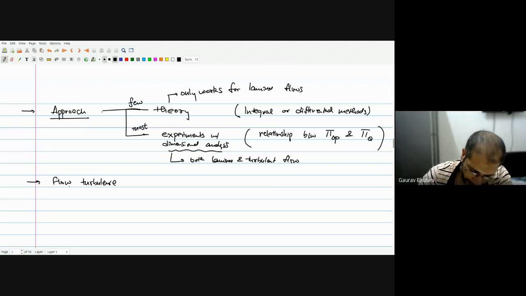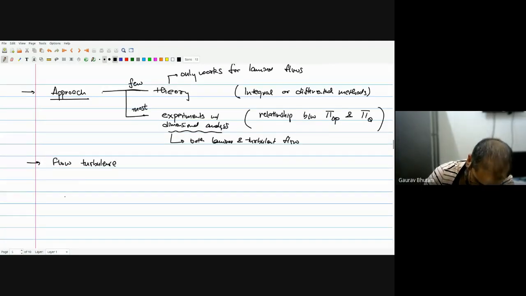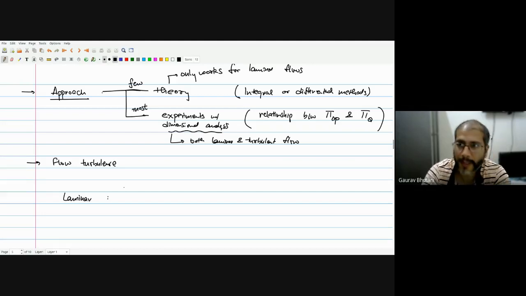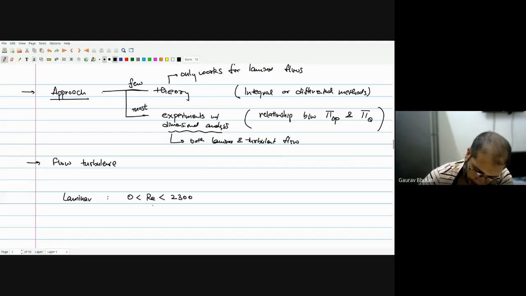So when I say laminar flow, the word laminar comes from lamina. Laminas means layers. So when the flow Reynolds number is low, for Reynolds number less than a value which is around 2300, what we see is that the flow is laminar. Okay. So the flow is layered. Okay, it's ordered.